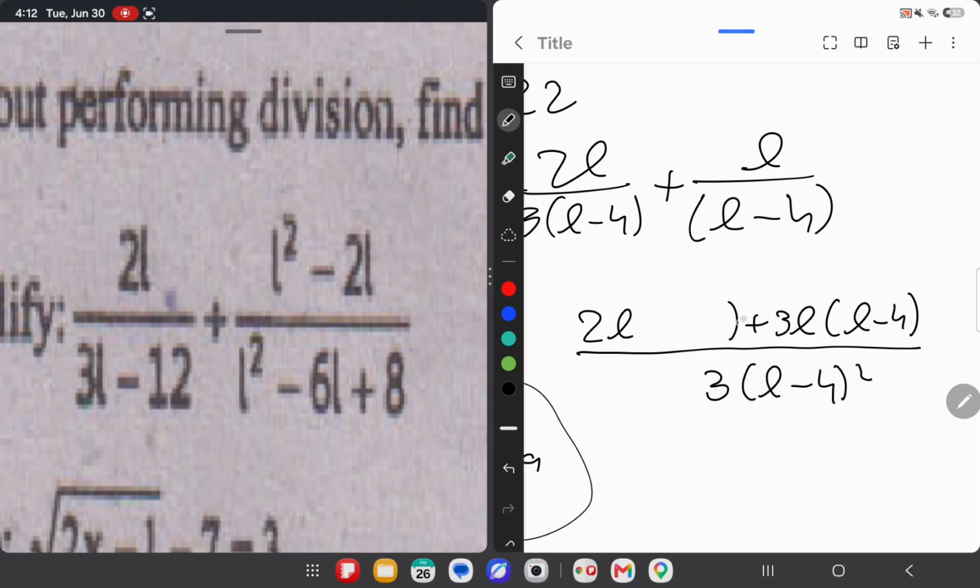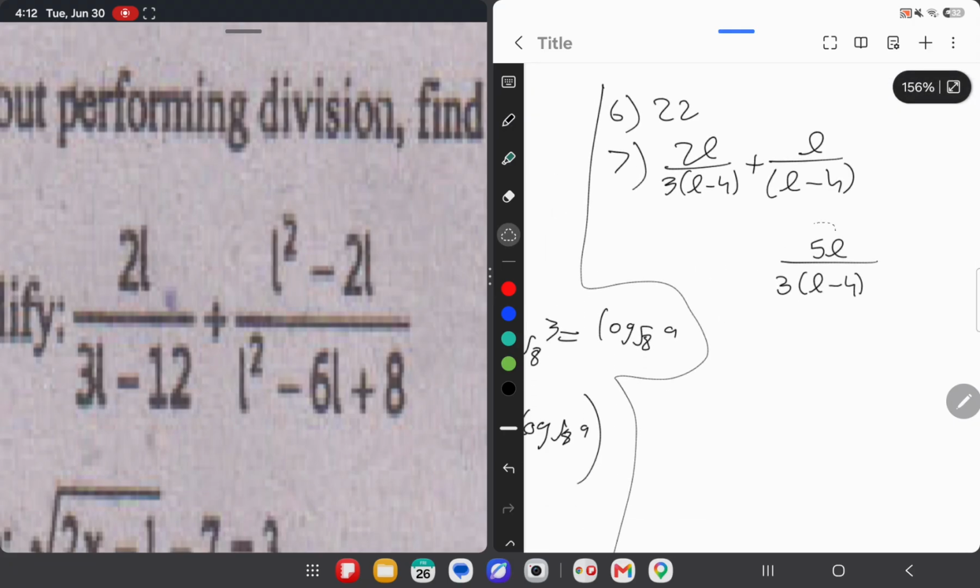Now L minus 4s cancel out up here, so we get this normal. So this is 5L. Very interesting. They know what they are making us calculate.